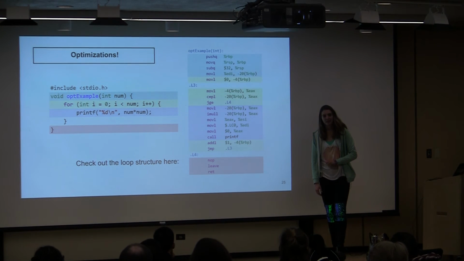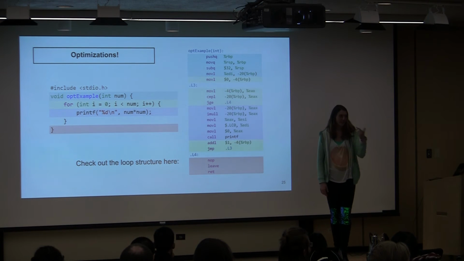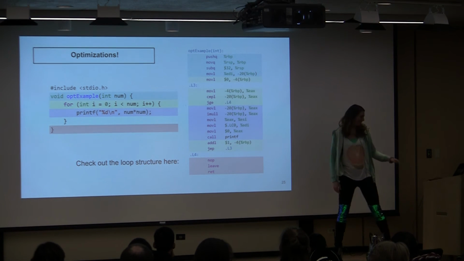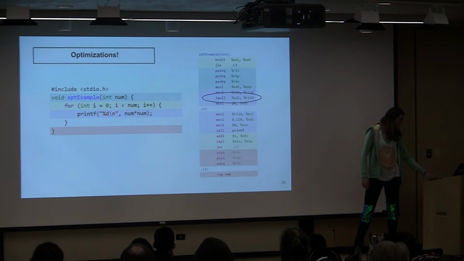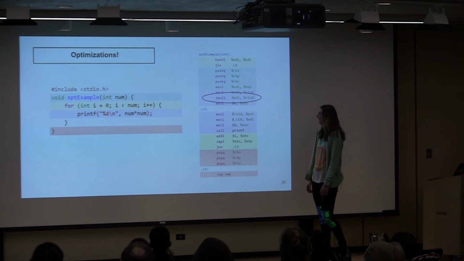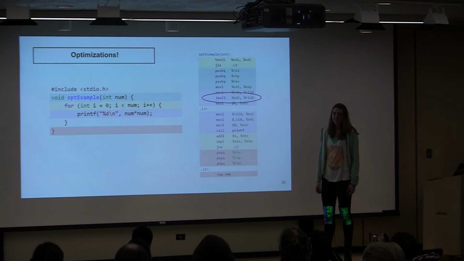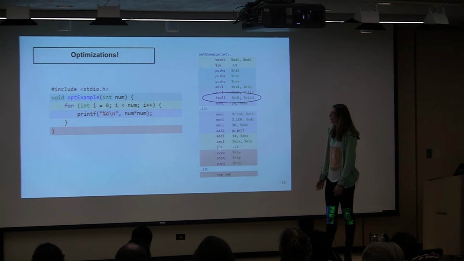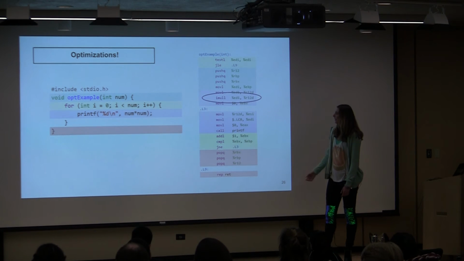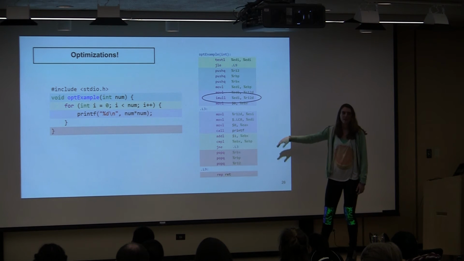What do you think? Move it outside the loop. Yes. This is the only one I bothered to circle anything on. Since num doesn't depend on i, it doesn't change inside that loop, we can calculate it outside the loop, save it, and just use it every time we iterate through the loop.